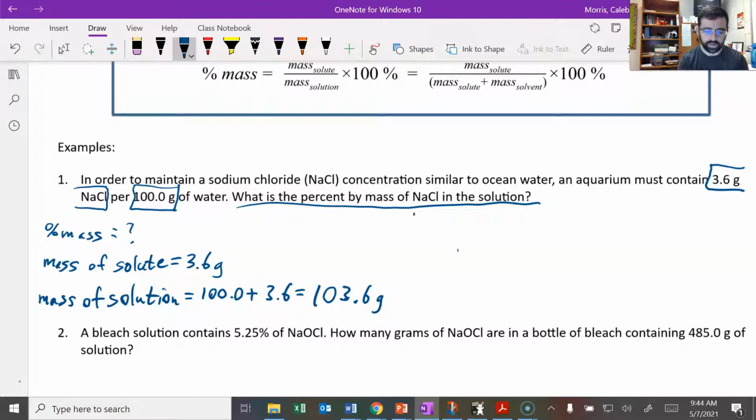So when I do my calculation, the percent mass equals 3.6 divided by 103.6 times 100.